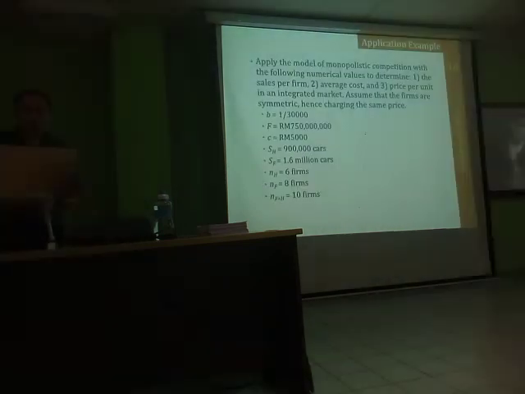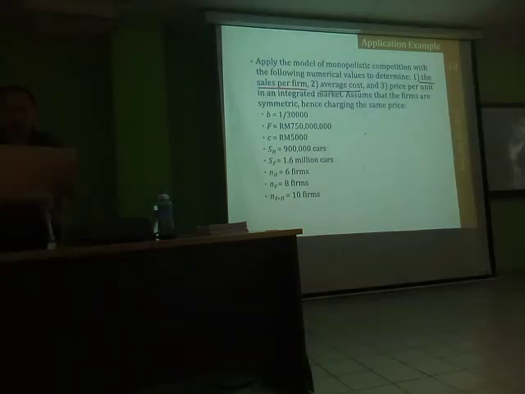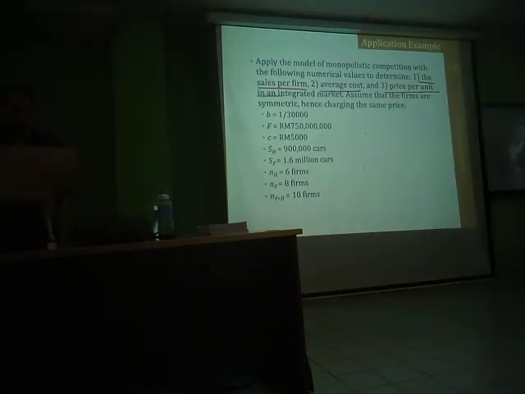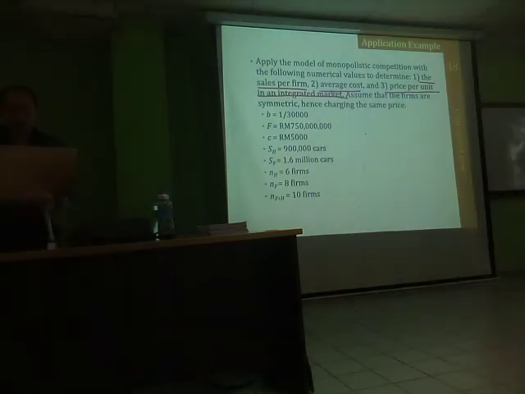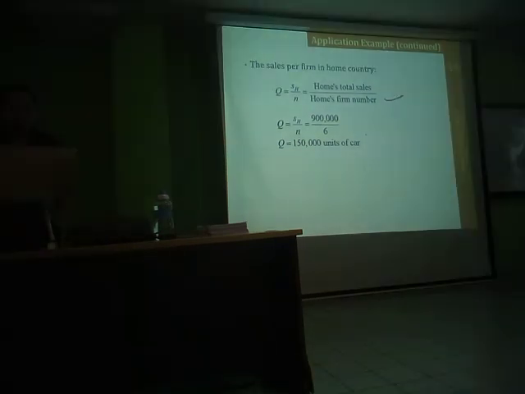In this example, we are trying to calculate certain concepts: the sales per firm, the average cost, and the price per unit in an integrated market. For example, if you want to calculate the sales per firm, you apply these formulas.